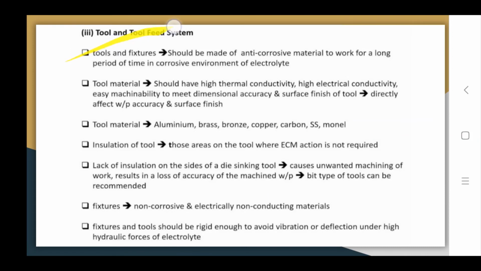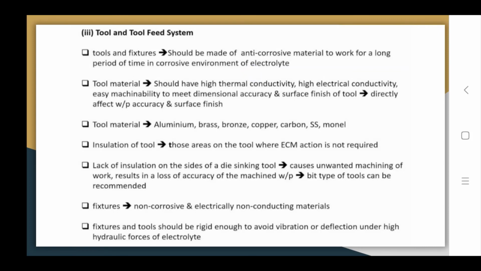The next one is the tool and tool feed system. Use of anti-corrosive materials for the tool and fixture is important because they are required for a long period of time to operate in the corrosive environment of the electrolyte, and higher thermal conductivity and higher electrical conductivity of the tool material are the main requirements.